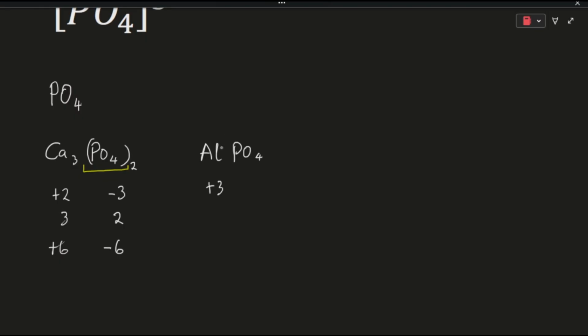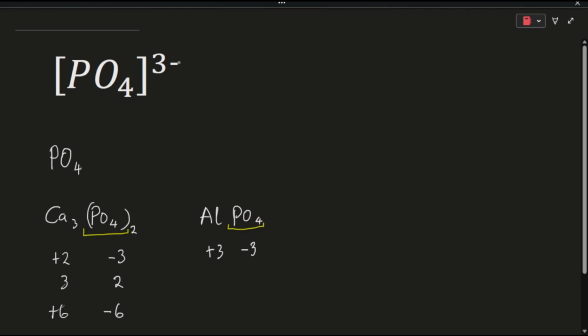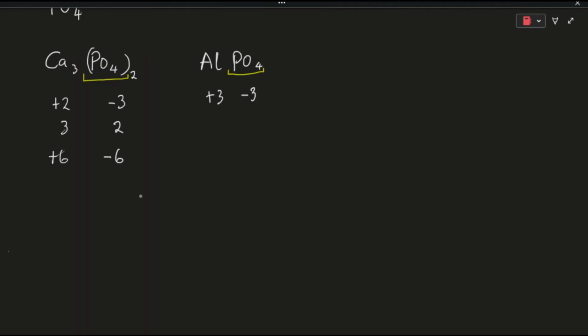So in order for this compound to be a neutral compound, this part of the compound, the anion, should have an oxidation number of -3 in order for aluminium phosphate to be a neutral compound. And so from the compounds that the phosphate forms, one is able to understand why the charge on phosphate is -3. The other way is by looking at the Lewis structure of phosphate.